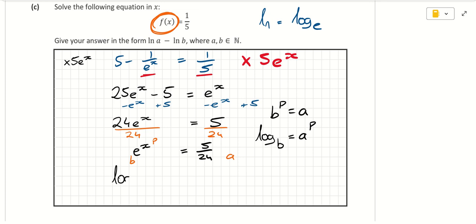So log b a equals p. So log to the base e of 5 over 24 is equal to x.